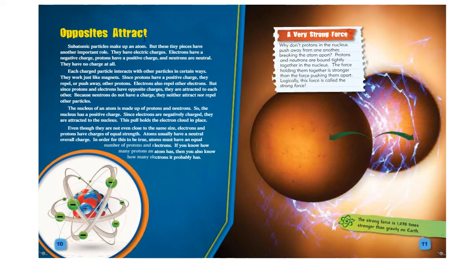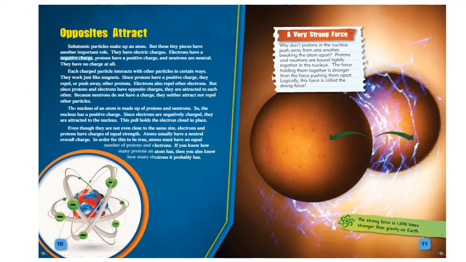Next part, opposites attract. Subatomic particles make up an atom, but these tiny pieces have another important role. They have electric charges. Electrons, those being these guys that swirl around the outside of the nucleus in their orbits, have what's called a negative charge. That's why they appear in this picture as having a little minus sign on them.